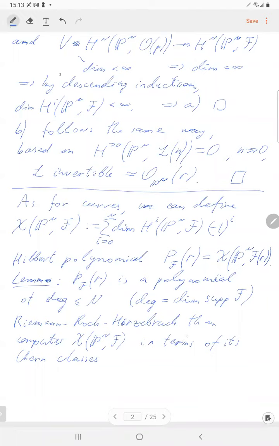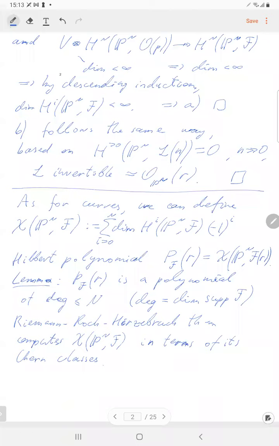And well, I will not explain what it is. For a sheaf on a curve, there will be only the first Chern class, and it is given by the degree of your coherent sheaf on a curve. And these are some higher dimensional and higher cohomological generalizations of this notion of degree.